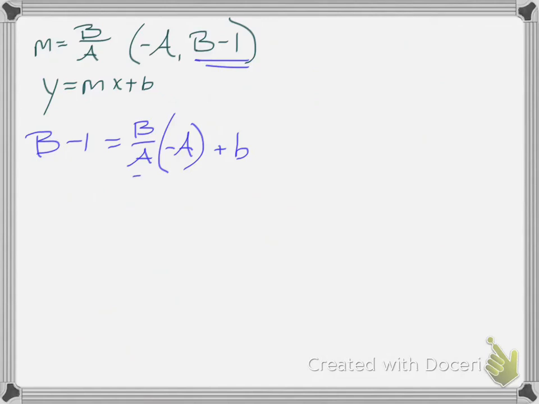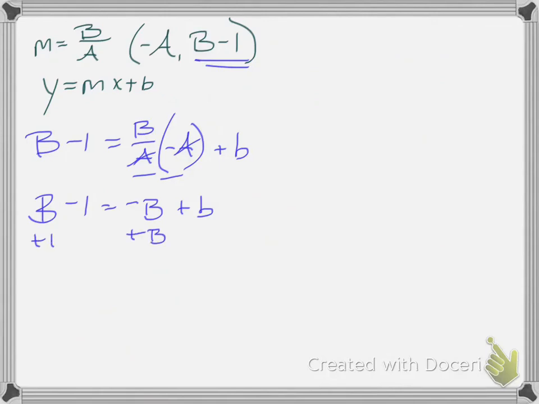So first I have to multiply these just like you would if you plugged in numbers: 5 equals 3 times 2 plus b, I'd multiply these two first. Okay, so I have b minus 1 is equal to, well, these cancel out, but it's a positive times a negative, so that's going to be negative b plus lowercase b. Solve for the lowercase b.